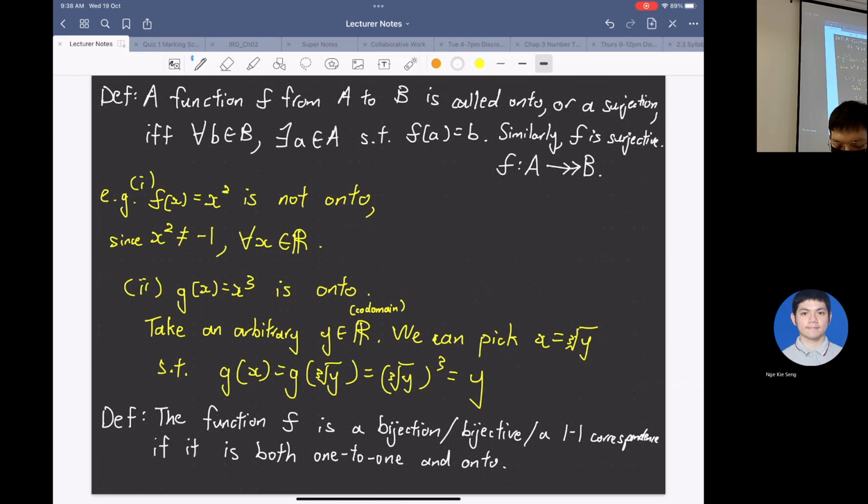So maybe we will write f is a hooked arrow plus a double-headed arrow, bijective. For example, f(x) equals x squared is not bijective because it's not one-to-one and also not onto. g(x) is bijective.